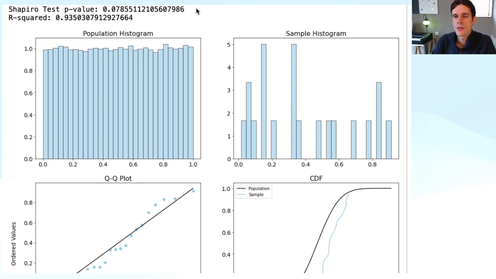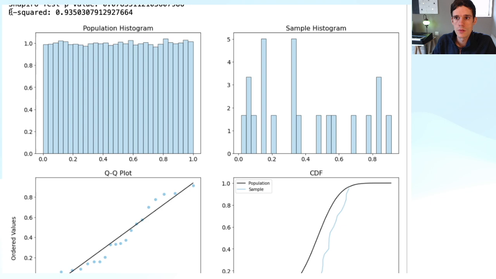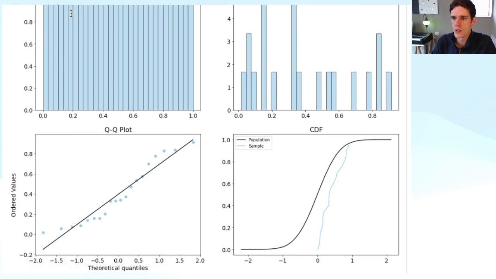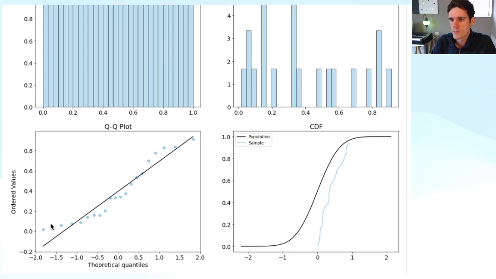But that is why we have other tools to also check for normalcy. In this case, we see, for instance, that our R-squared value is quite small compared to what we had before. Before we had 0.98 and now we have 0.93 or 94. And indeed, if we look at our QQ plot, we see that these points are not exactly following this black line, which is also the case when we compare our CDF functions.